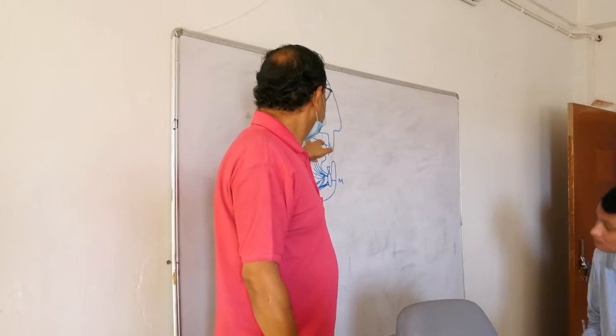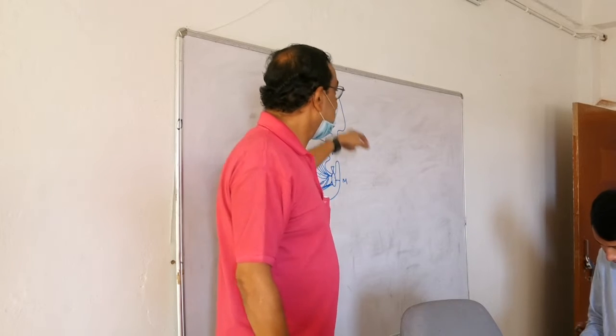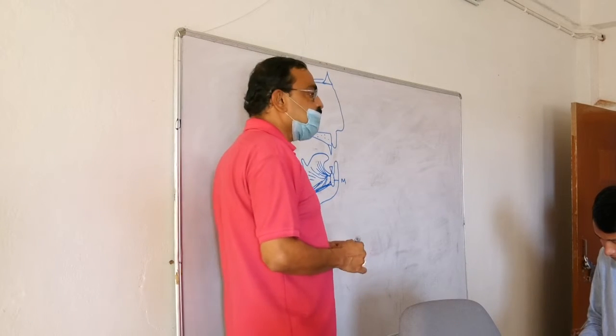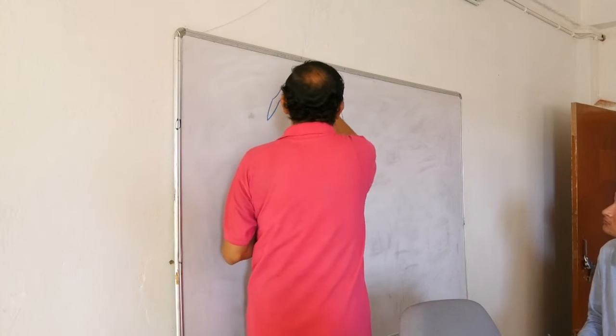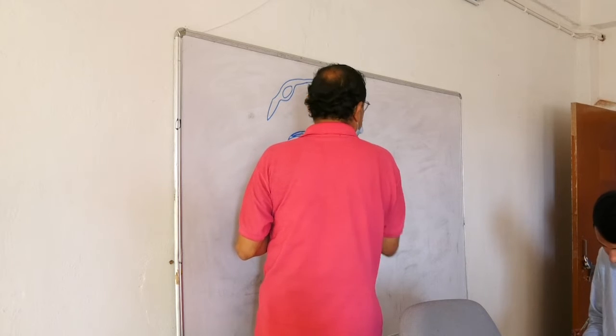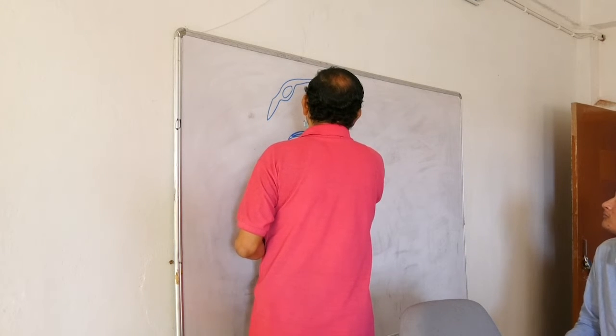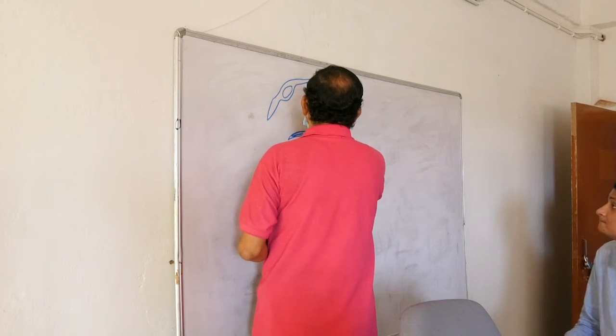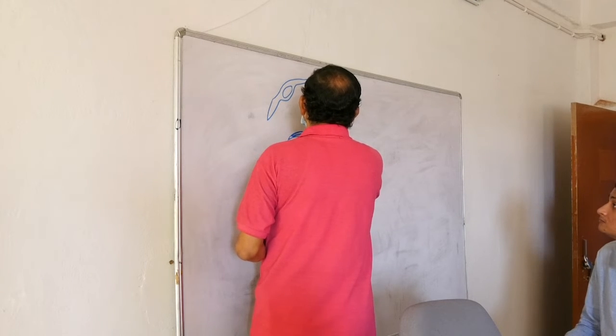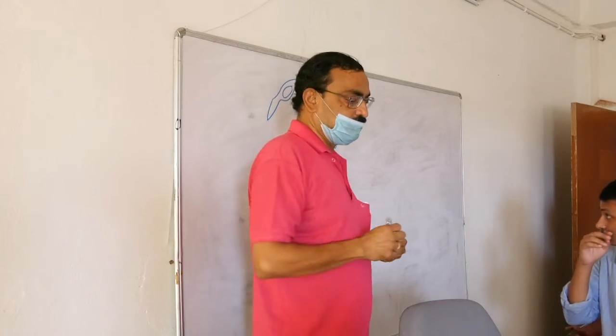Okay. Now, this is the nasal cavity. The nasal cavity has a roof and floor, and there is a lateral wall. On the lateral wall, we find there are three elevations.